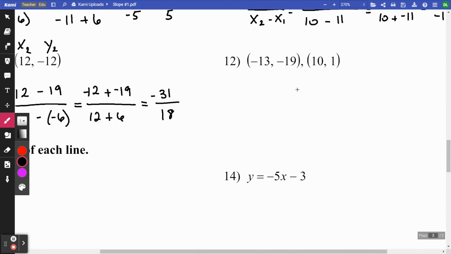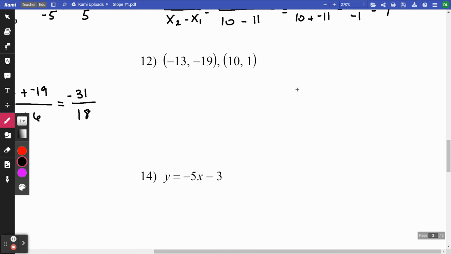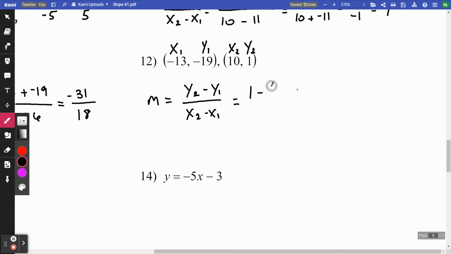All right, number 12. Here we go. We have x1, y1, x2, y2. We have m equals y2 minus y1 over x2 minus x1 equals 1 minus a negative 19 over 10 minus a negative 13.